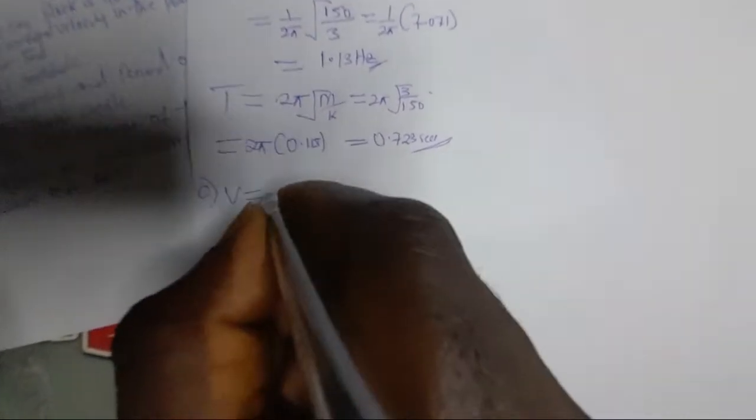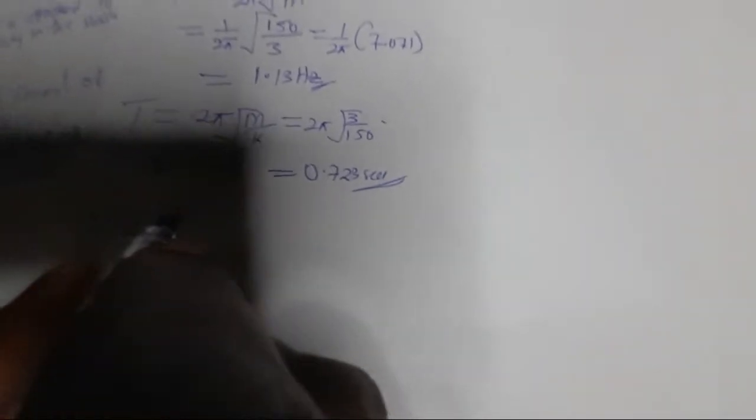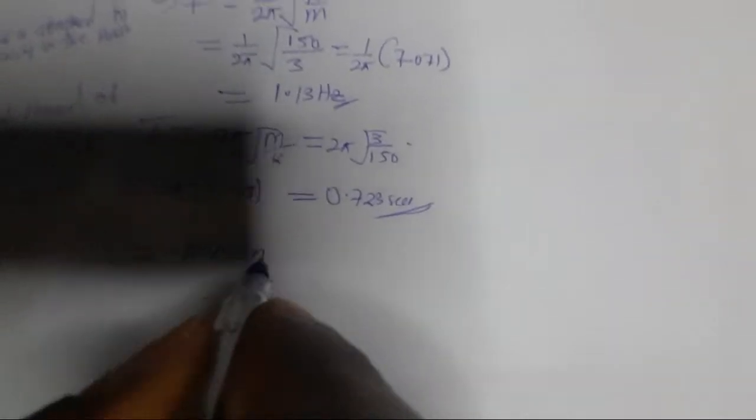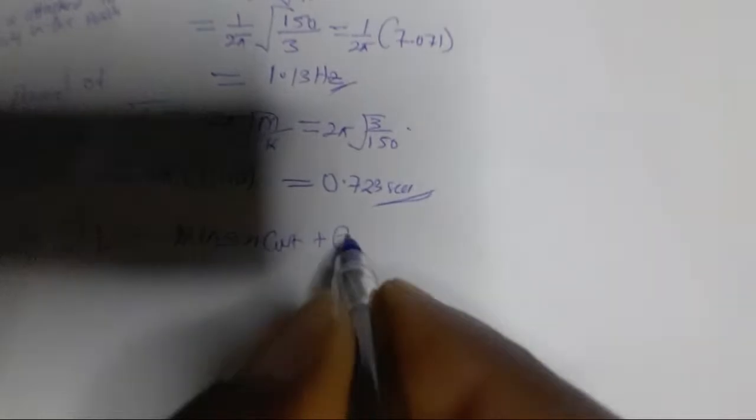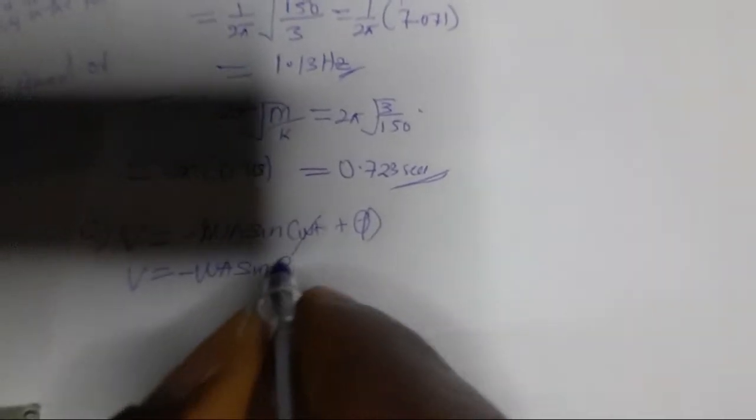And for C, we are asked to find the phase angle. We know that velocity is obtained by differentiating displacement. If you do that, we are going to have V equal to WA sine WT plus phi, where phi is the phase angle, the phase shift. Assuming t is 0, our V will be equal to minus WA sine phi.